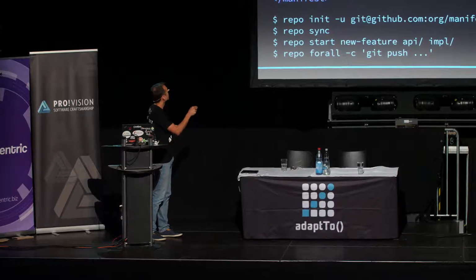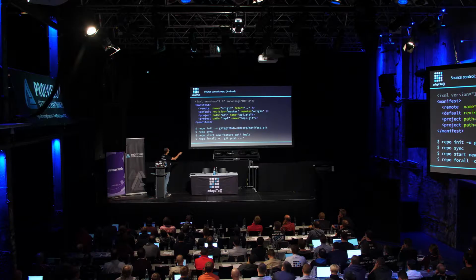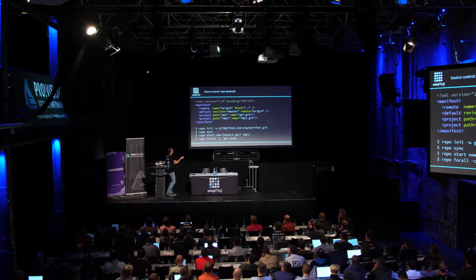So it has a very nice, everybody loves XML in here, I suppose, beautiful XML listing which says, this is a manifest, and from the origin remote, take by default the revision name master. And then a listing of projects. This is the checkout project API to this path from this URL. And here I use a little trick, by the way.